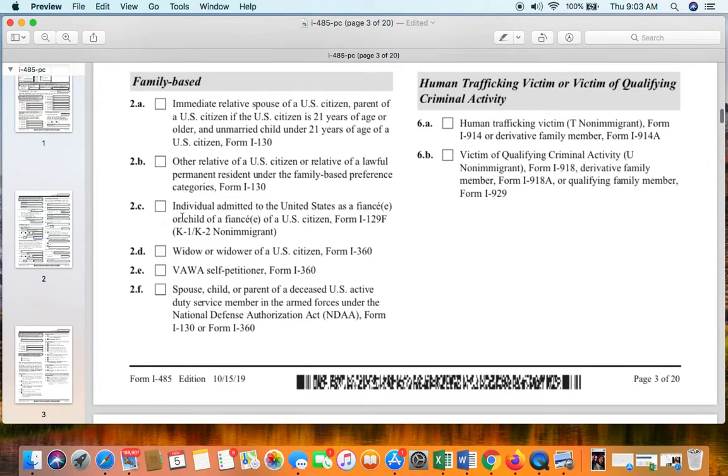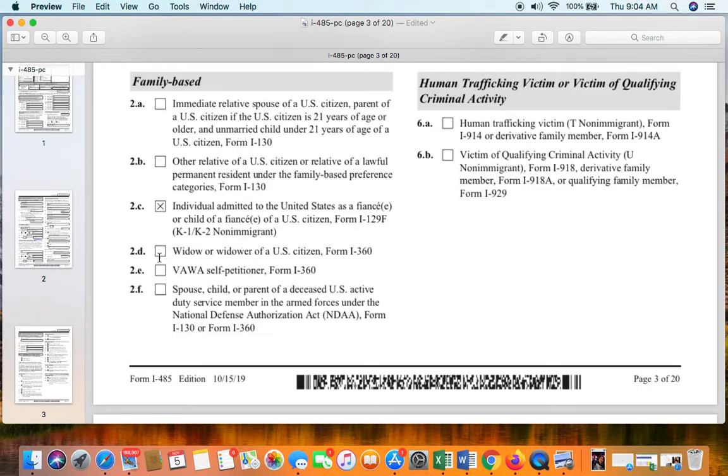If you are an individual admitted to the United States as a fiancé, that means you came here as a fiancé or a child of a K1 U.S. citizen, Form I-129F, K1 or K2 non-immigrant, then you have to select 2C, okay, if you are filing K2.